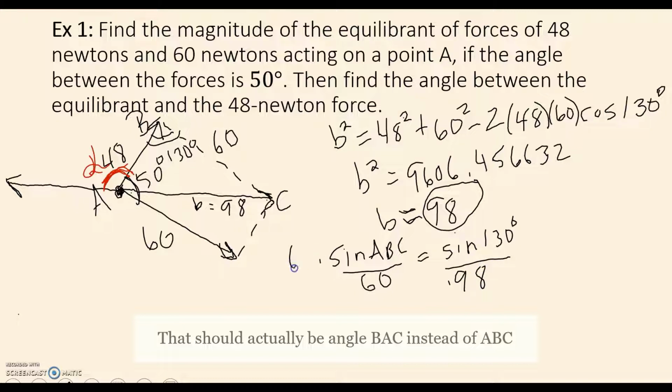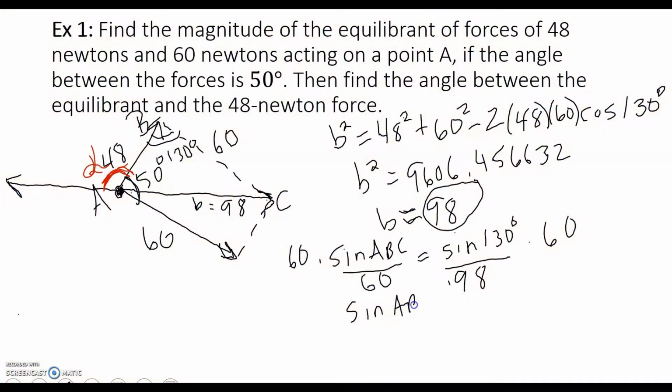And so if you want to solve for the sine of ABC, we multiply both sides by 60, and we get the sine of ABC equal to sine of 130, plug it in your calculator, divided by 98 times 60, you get 0.4690068019. Hopefully you're working this with me, and hopefully you got that.